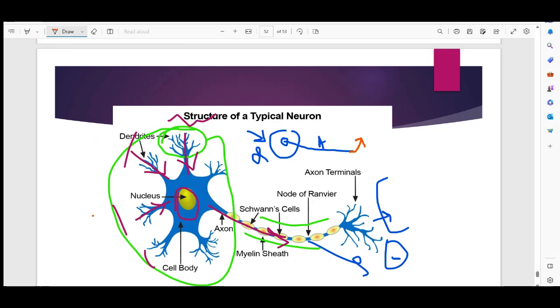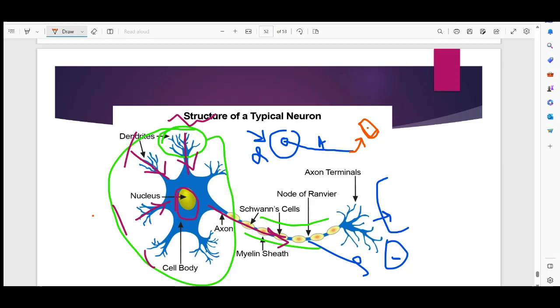It could lead to a muscle cell, so it ends up in the muscle. For example, when you want to write something, the axon responsible for informing your hand to pick up a pen or pencil carries that information to your hand. The muscle cell, like the skeletal muscle, is getting this information.